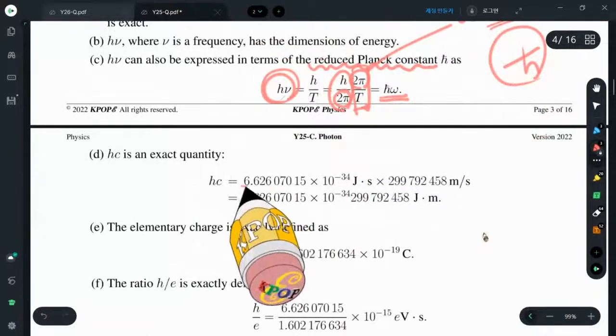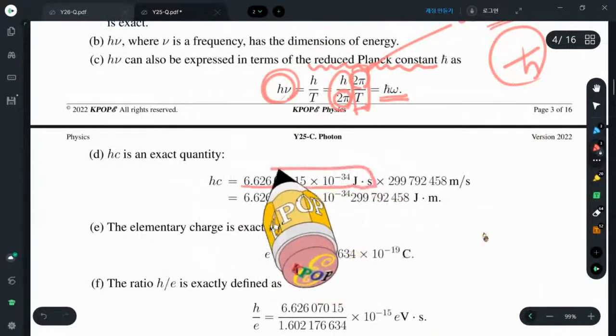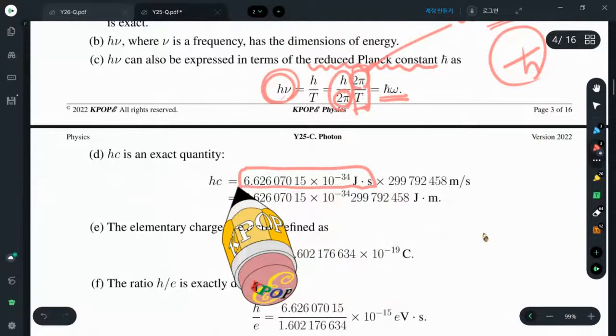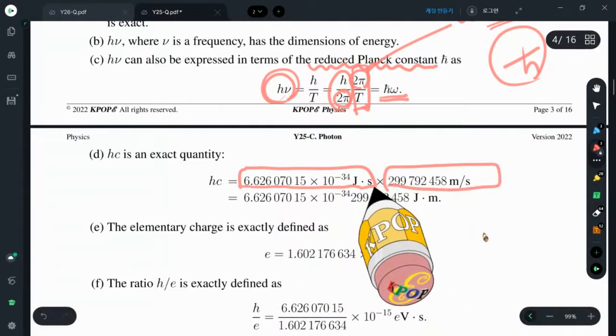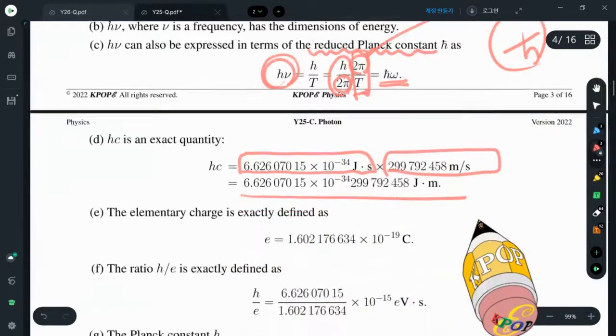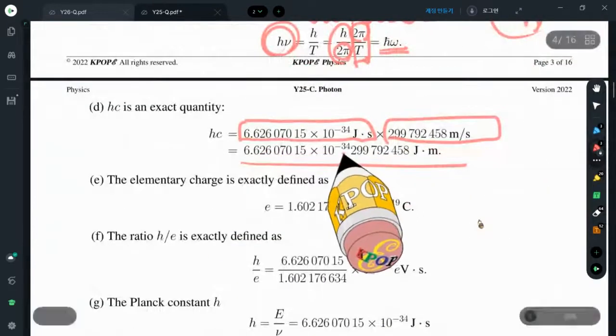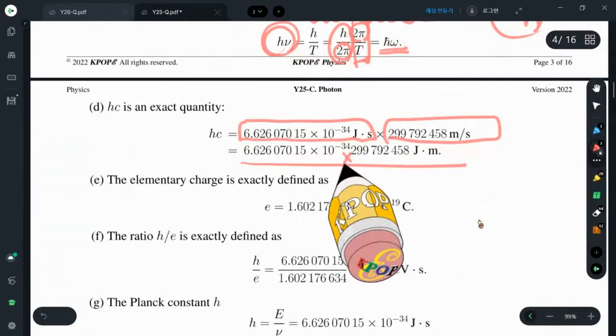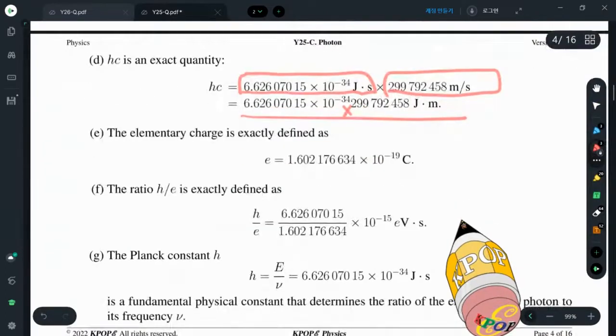We now know this Planck constant is a constant, and the speed of light is a constant, and this is again a constant. So I missed this multiplication sign.